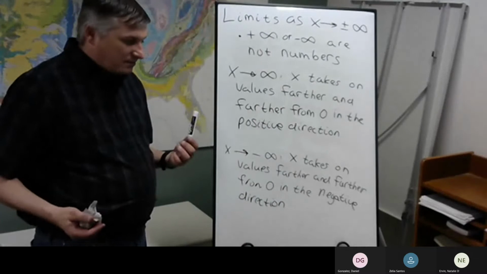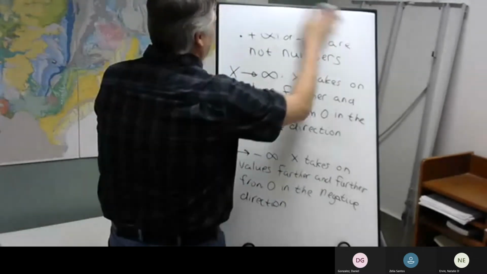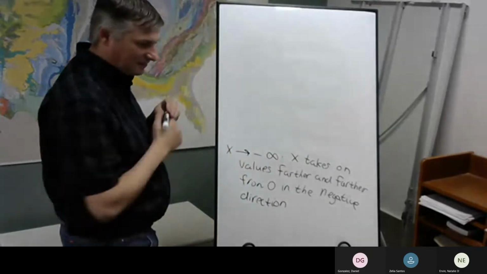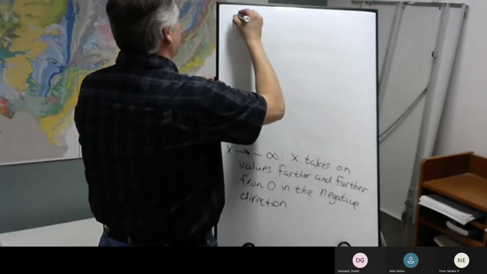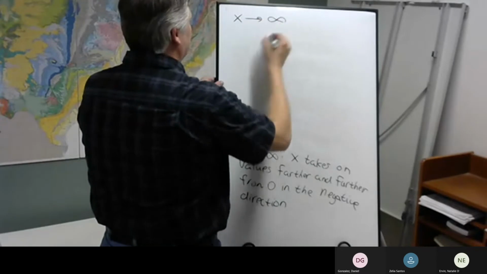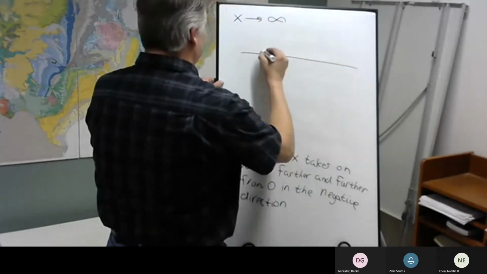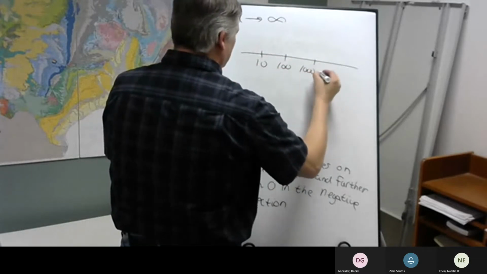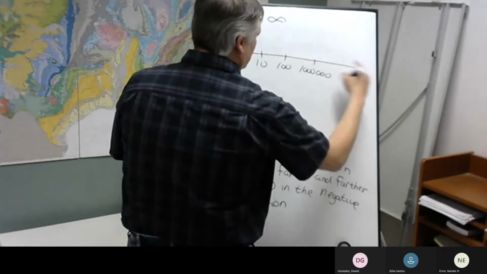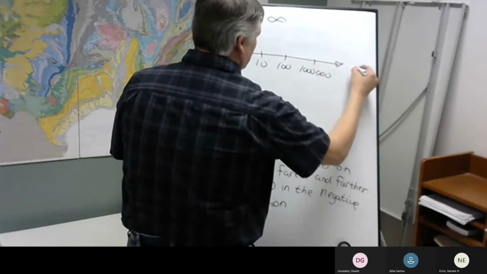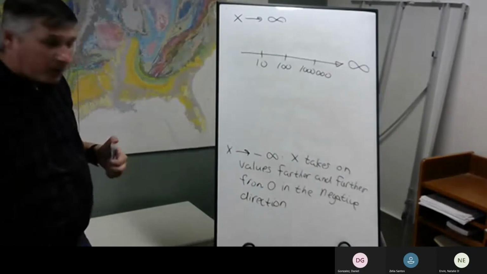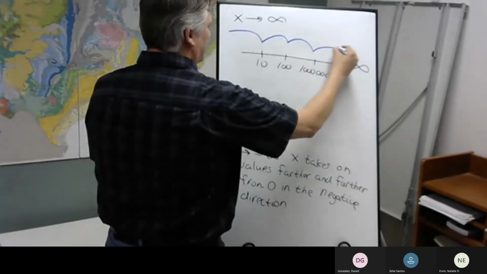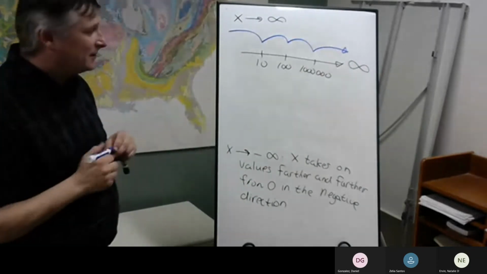So a way you can picture it: your choices for x are just going to get bigger and bigger and bigger, and head out to infinity.